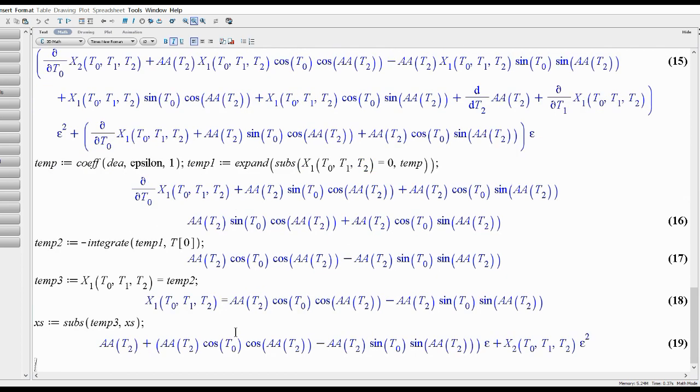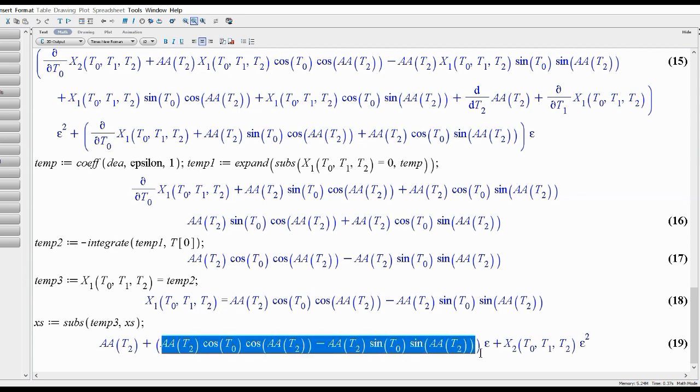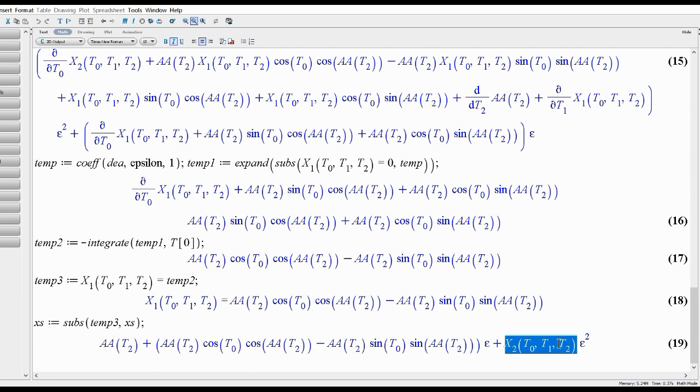So we've got the solution up to some point. AA is something we don't yet know what it is, and this part depends on AA and T0, and this remains to be found out. And then dEA is equal to expand substitute temp 3 in dEA, collect.